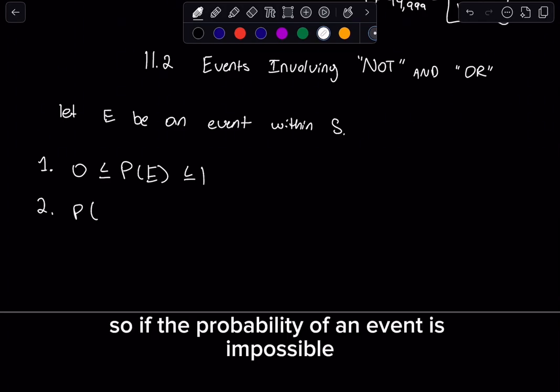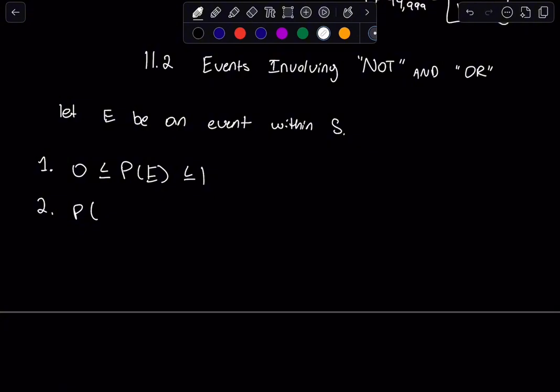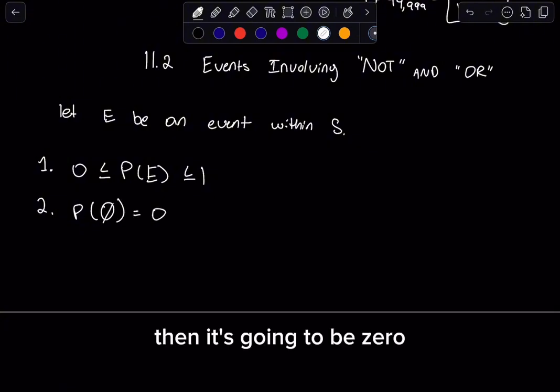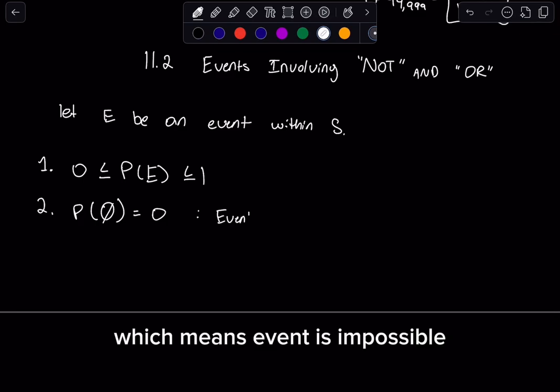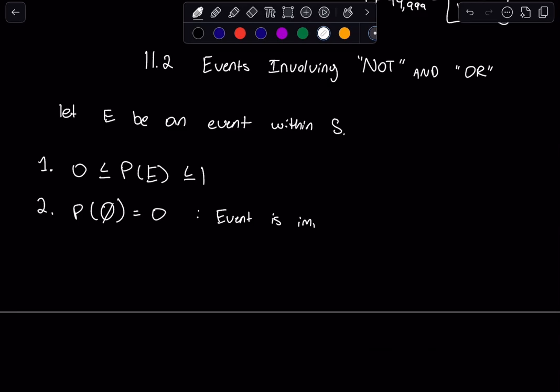So if the probability of an event is impossible, then it's going to be 0, which means the event is impossible.